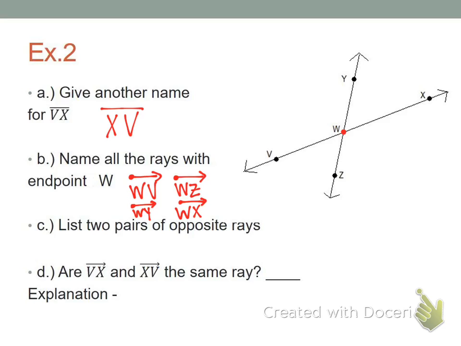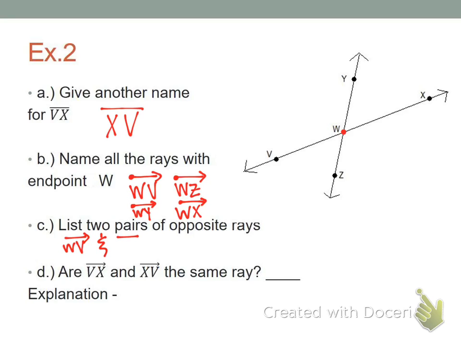Anybody come up with 2 pairs of opposite rays? Or even just 1 pair of opposite rays? Maja? Good. WV and WX point in opposite directions, so they are opposite rays.